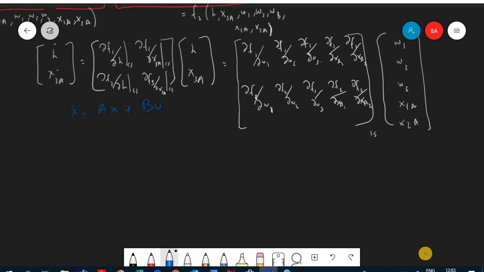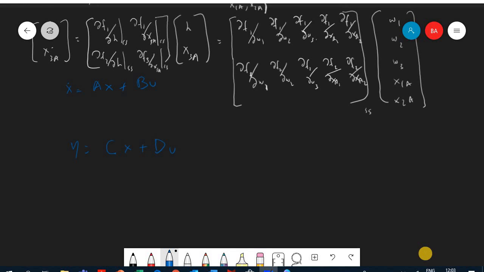Now considering the solution, y is equal to Cx plus Du, and as I said, C is the identity matrix. My A was 2 by 2, so my C is going to be just a 2 by 2 matrix.